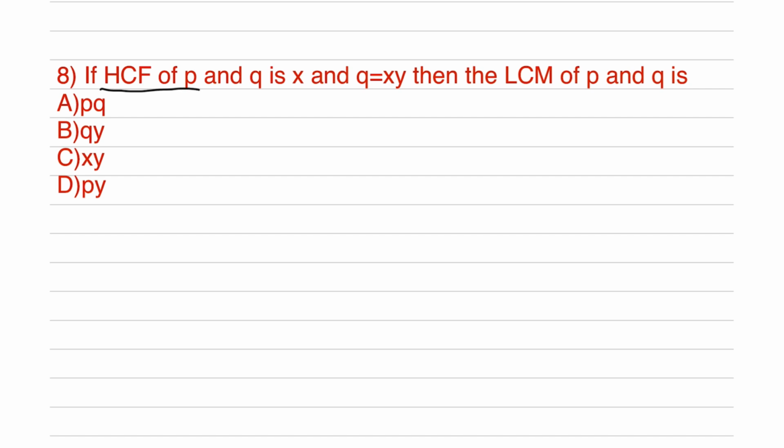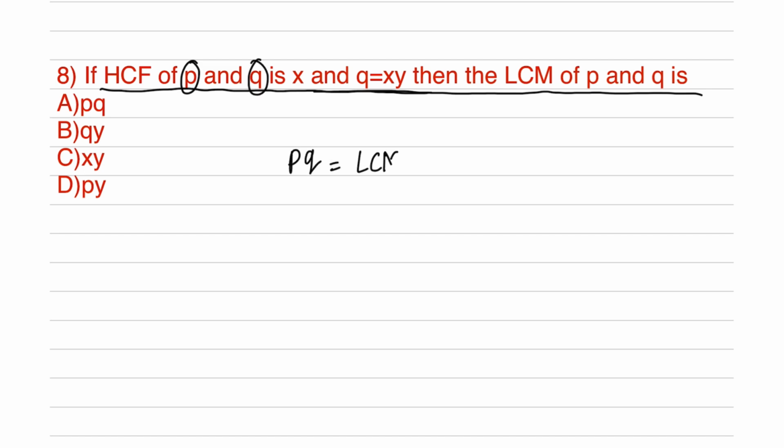If HCF of P and Q is X and Q equals XY, then the LCM of P and Q is... Do you remember the formula I told you before? The product of two numbers will always be equal to their LCM into HCF. So here the two numbers are P and Q. So P into Q equals the product of their LCM and HCF.